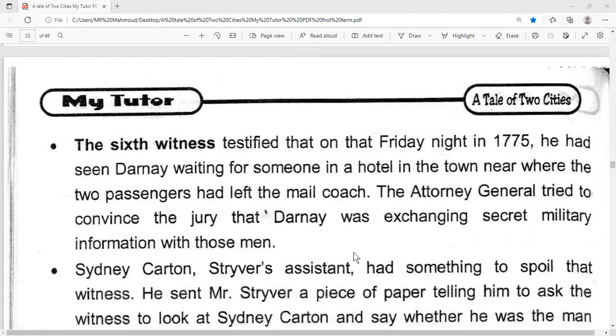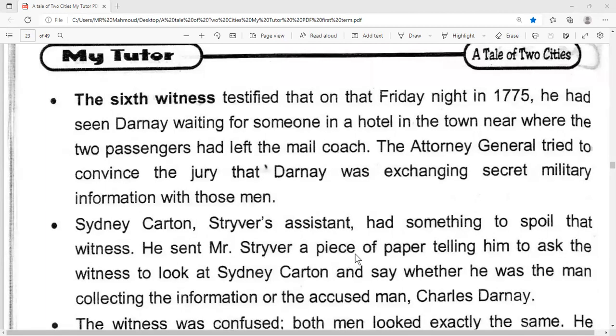The sixth witness testified that on that Friday night in 1775 he had seen Darnley waiting for someone in a hotel in the town near where the two passengers had left the mail coach.